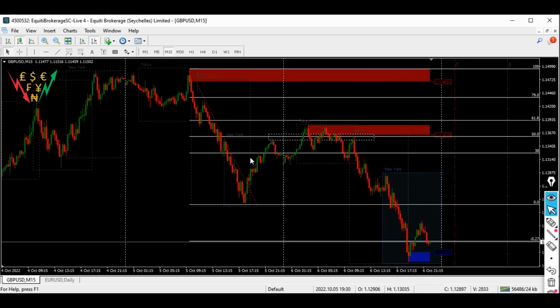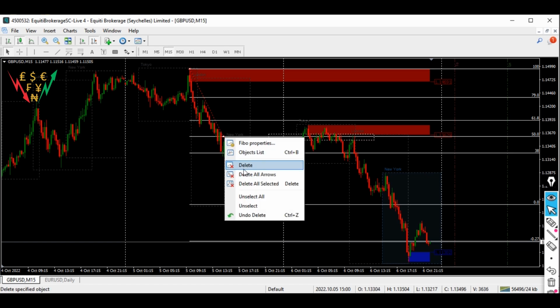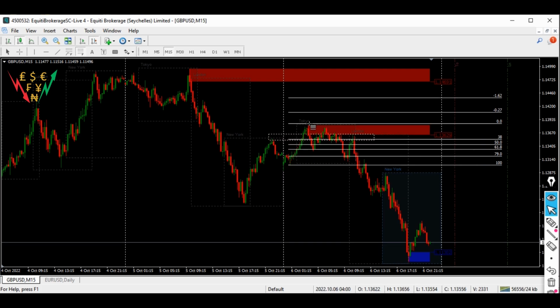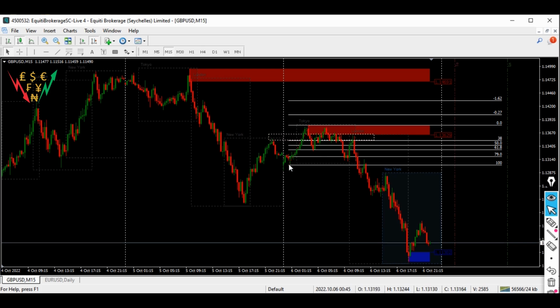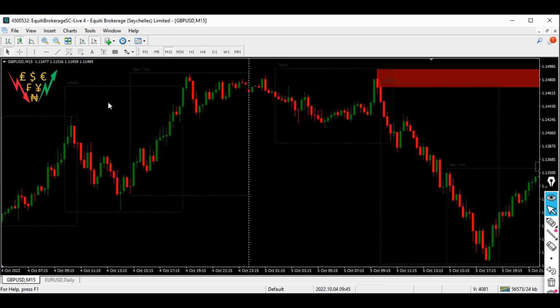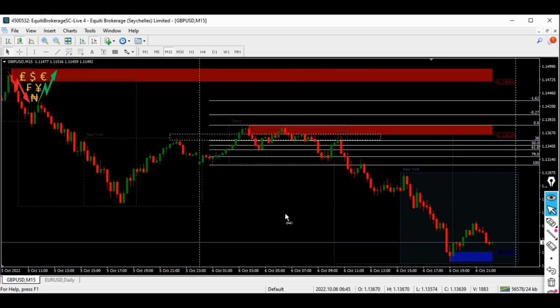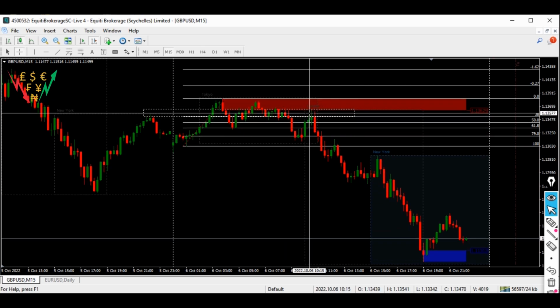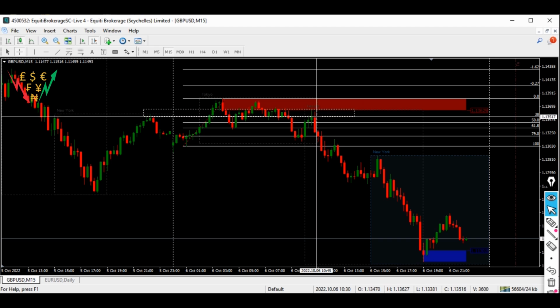Now, taking off this Fibonacci tool can also give us a hint, all right? We can also have this move right here, seeing this move from the upside to downside, and before this move we can plot it just the way it is. And when you come up here, you see how price will be playing just around this zone, around this range.